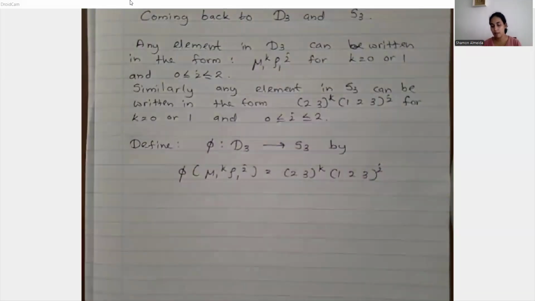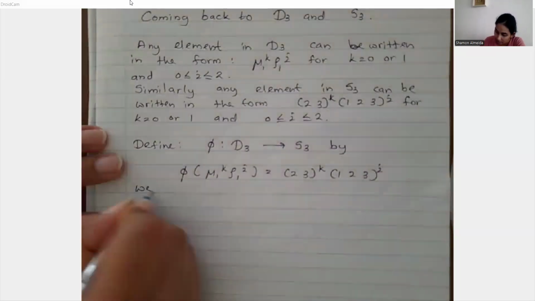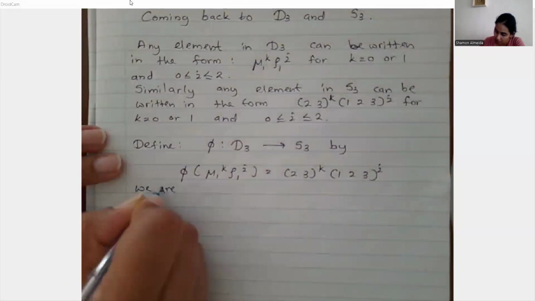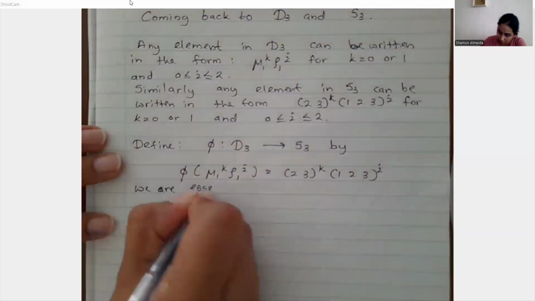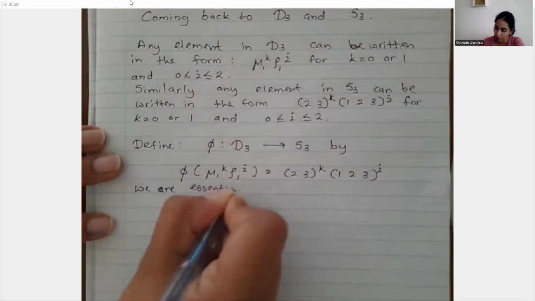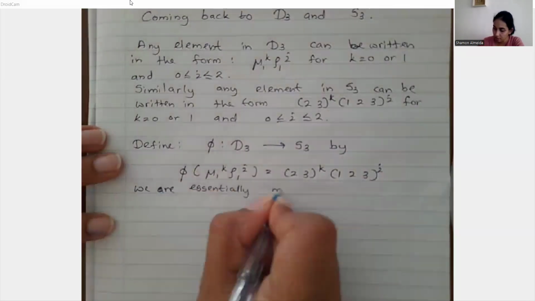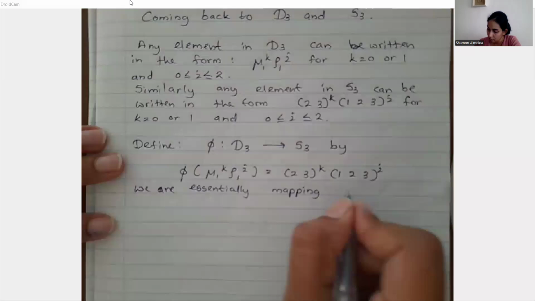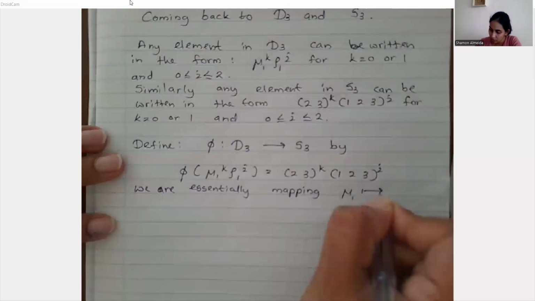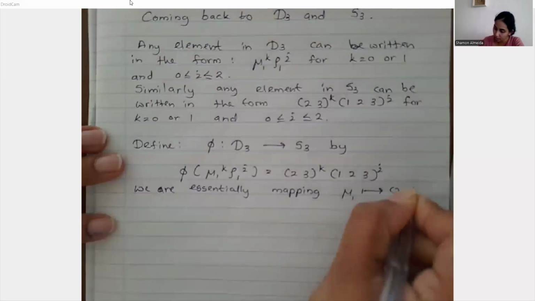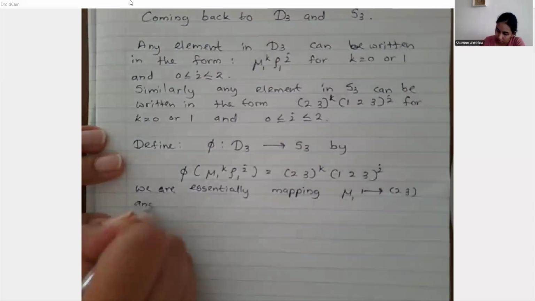We are essentially mapping the corresponding generators. Mu1 will be mapped to (2 3), and rho 1 will be mapped to the cycle (1 2 3). So let me write it.